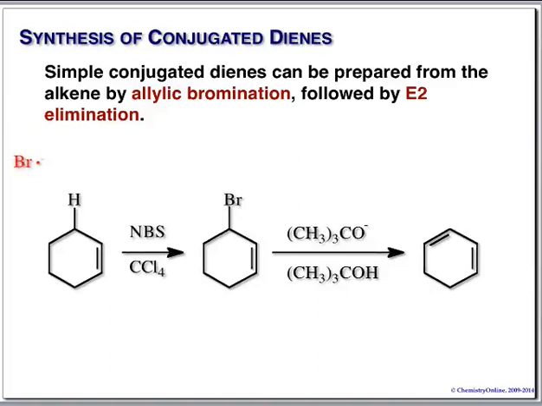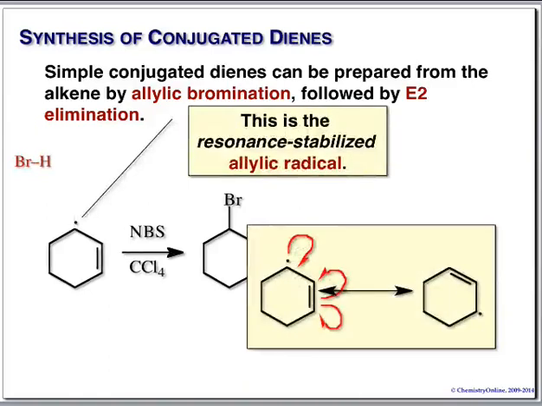Again, the mechanism with NBS in carbon tet, we're going to generate bromine radicals. Bromine radical is going to pull a hydrogen atom off of here, and it's going to give the resonance stabilized allylic radical. Remember, we can take this radical by resonance, move it from here down to here, so we have radical character at both of these carbons.